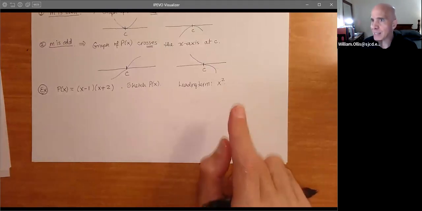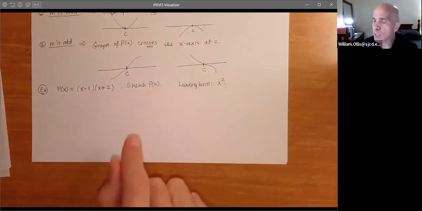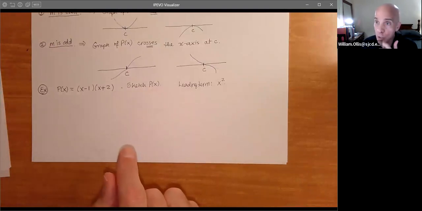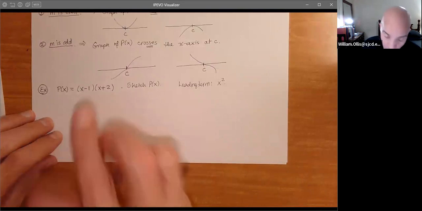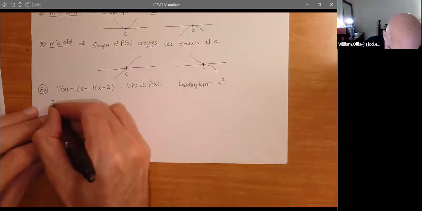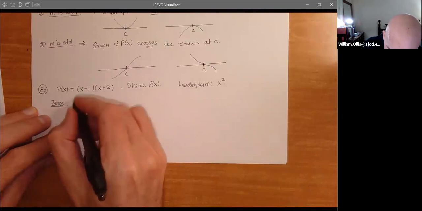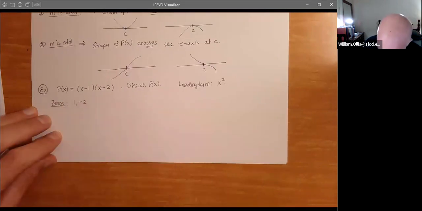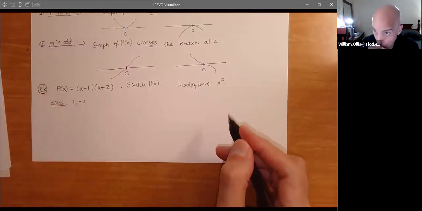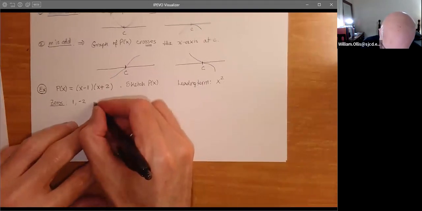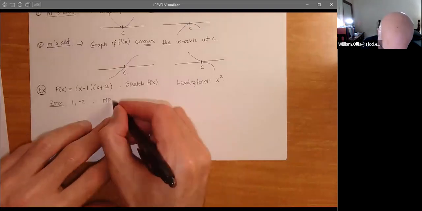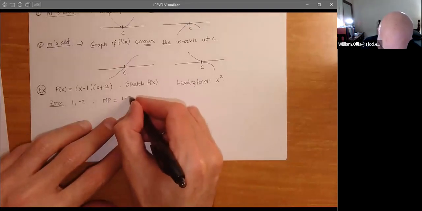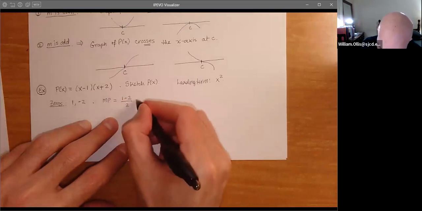We're like, that's easy. So if you look at this and say, okay, well, we can do the little sign test, but let's just go ahead and use the construct that I gave you last time. We see what the zeros are. The zeros are 1 and -2. And while we're at it, we might as well just go ahead and get the vertex. So we can do just like we did with the word problems, the midpoint without having to multiply it out will be 1 minus 2 divided by 2.